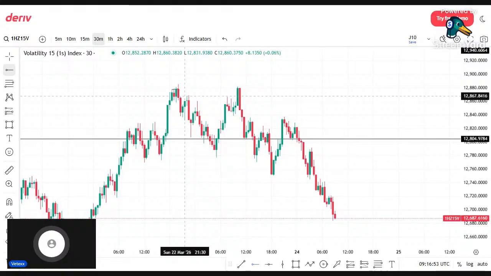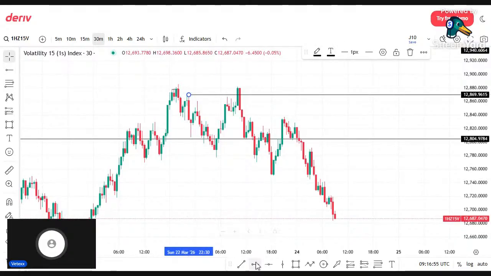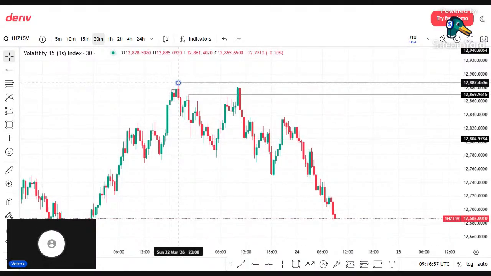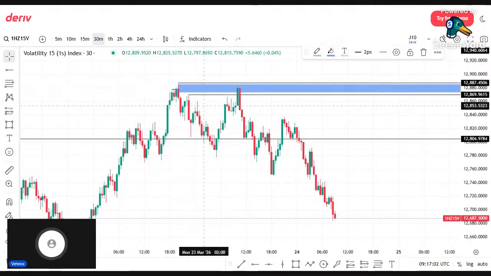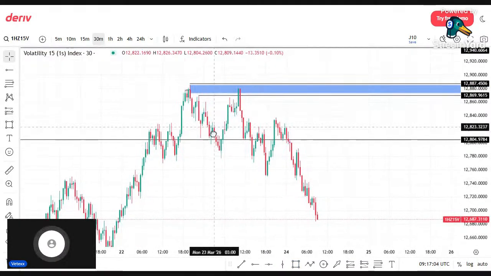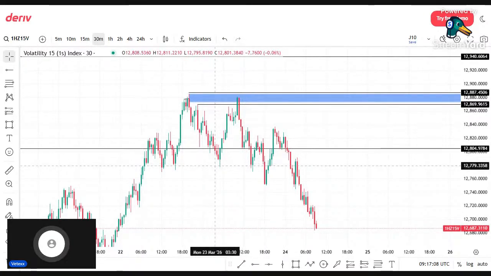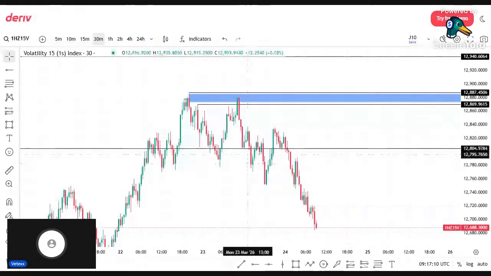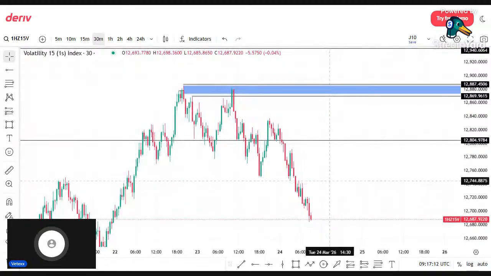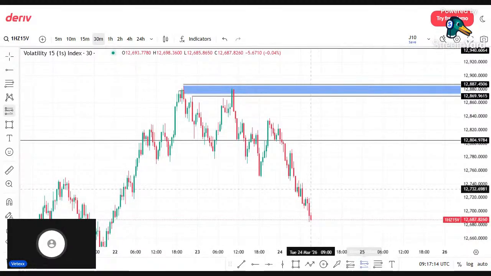We have our structural liquidity here, and we have our protected high right here. And also this becomes our point of interest. So immediately price tapped into this zone, we entered the trade. This was our TP, and price took out the target and is still tanking to the downside. So this is what we had yesterday.